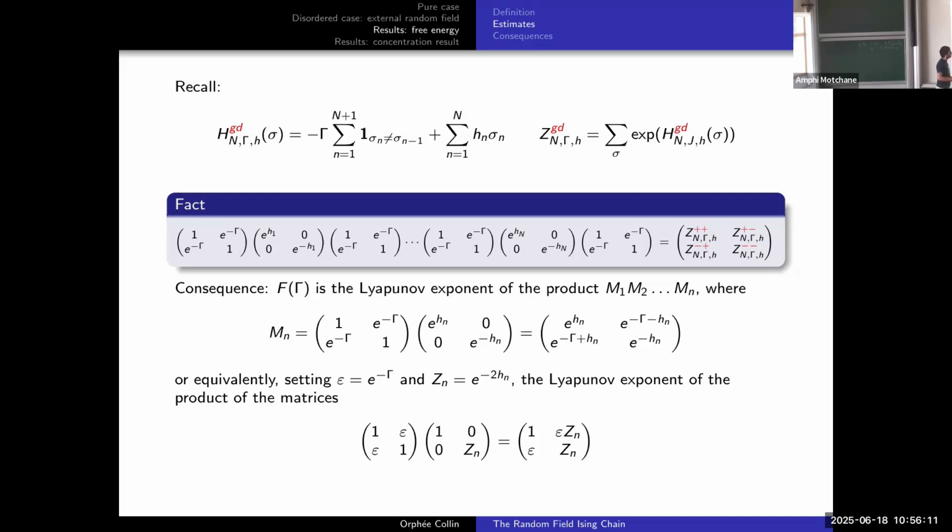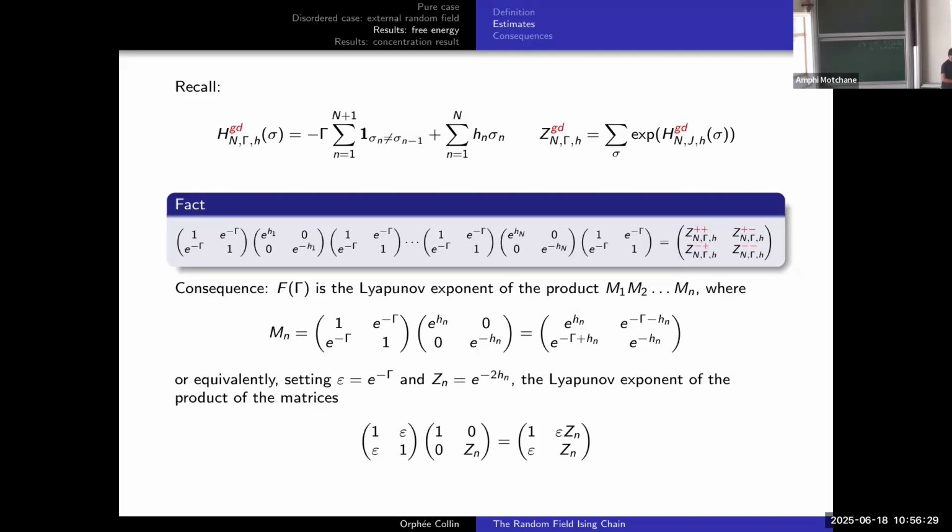Dividing by exponential hn does not change the exponential growth rate because hn is centered. So by the law of large numbers, 1 over n sum of hn goes to 0. So it's equivalent to consider the product of these matrices.